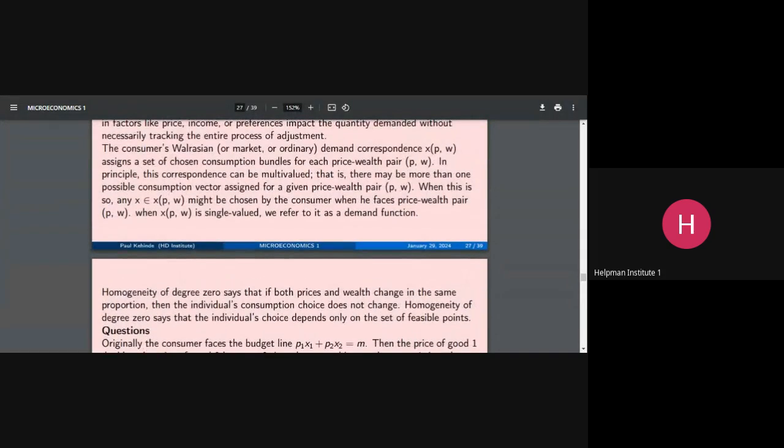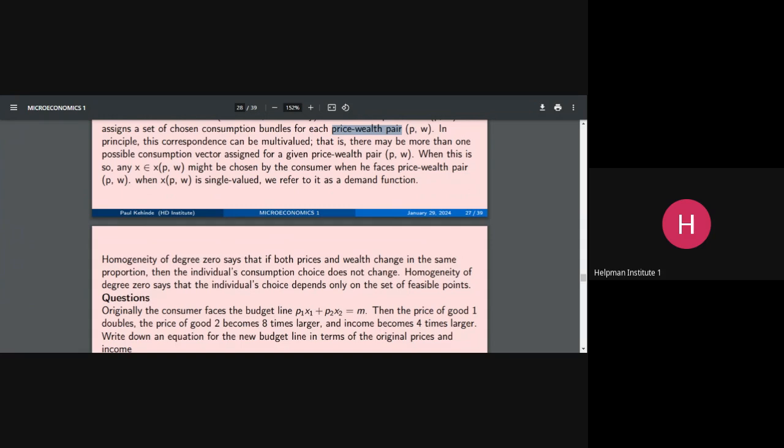Like we said in the last class, the consumer's demand, or correspondence, is how these prices affect each other. One of the implications of this is that naturally there are some goods that are homogeneous. That means when the price or wealth changes, some of these changes between this function, price and wealth, could be homogeneous.